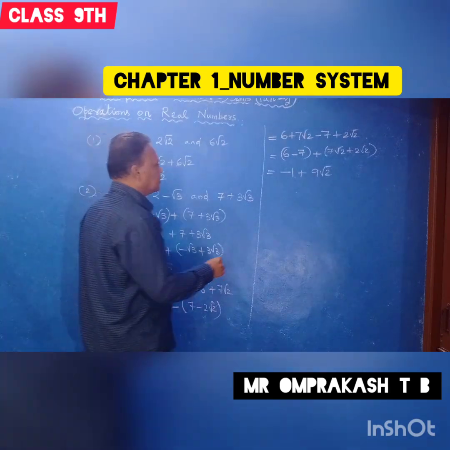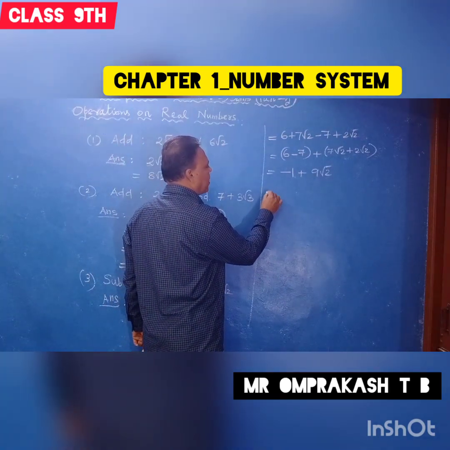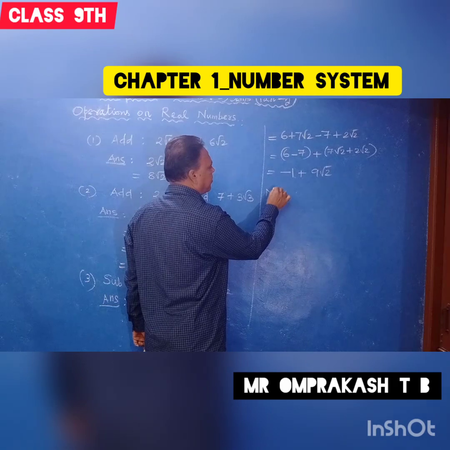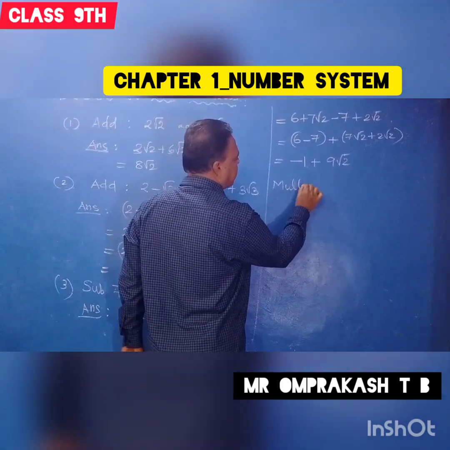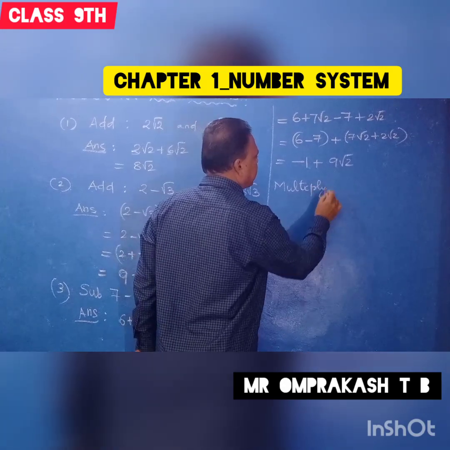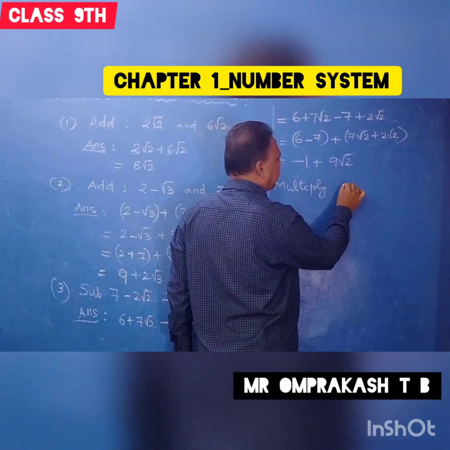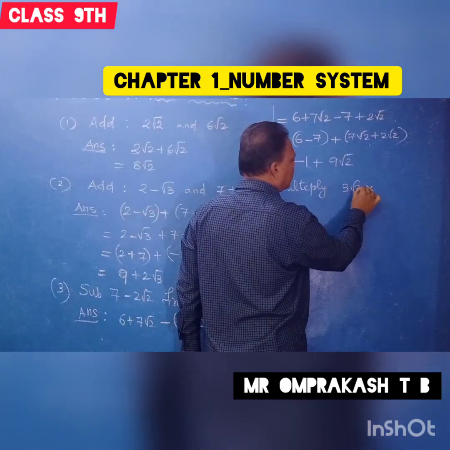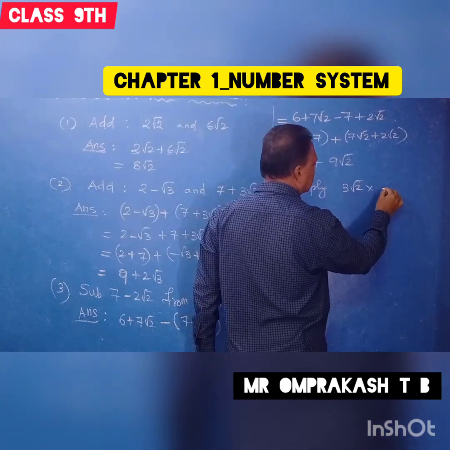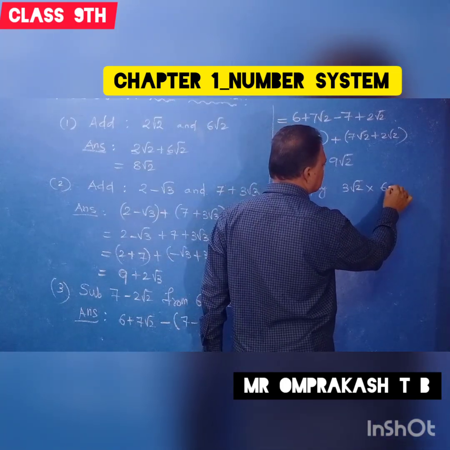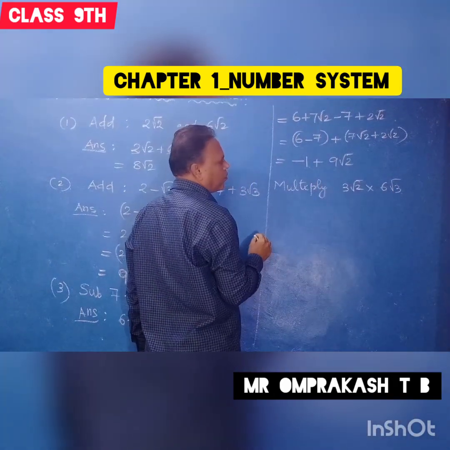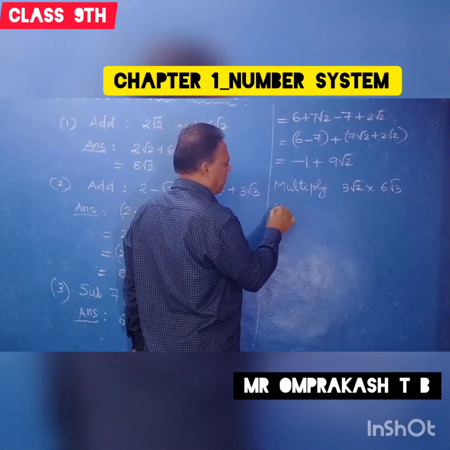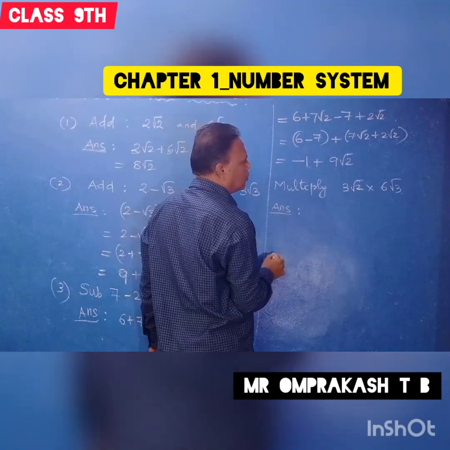Then the product. Multiply 3 root 2 into 6 root 3. Do the product.